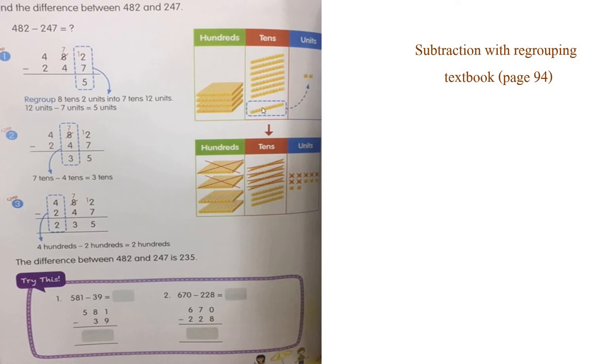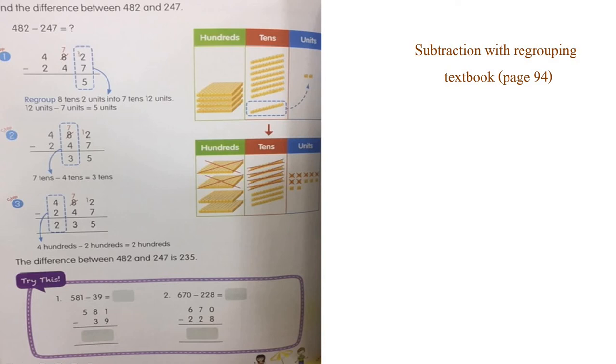Can you please give me one of these stacks that you have? You have one stick, which has 10 units, so I will give it here. I have already 2 units and I have 10 units, so I have 12 units in all. So 10 plus 2 equals 12. That's why I write 12, remember.